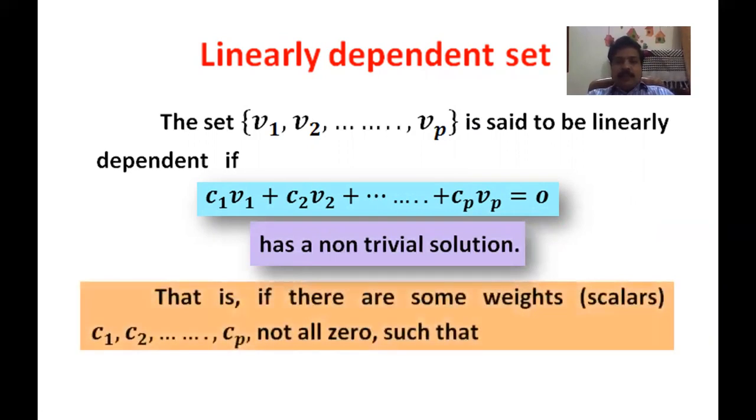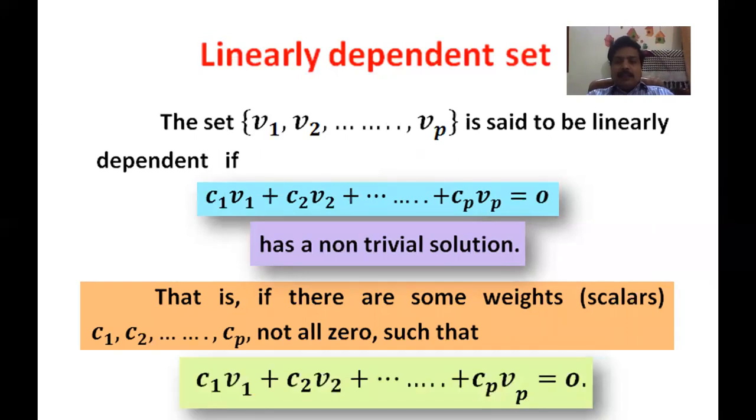That is, if there are some weights or scalars c1, c2 and so on cp, not all 0, such that c1 v1 plus c2 v2 plus so on plus cp vp is equal to 0, the zero vector. So if the set has a non-trivial solution for this vector equation, that is, at least one of these scalars must be non-zero, then we can say that the set is linearly dependent. If we can't find a non-zero solution, then we say that the set is linearly independent.